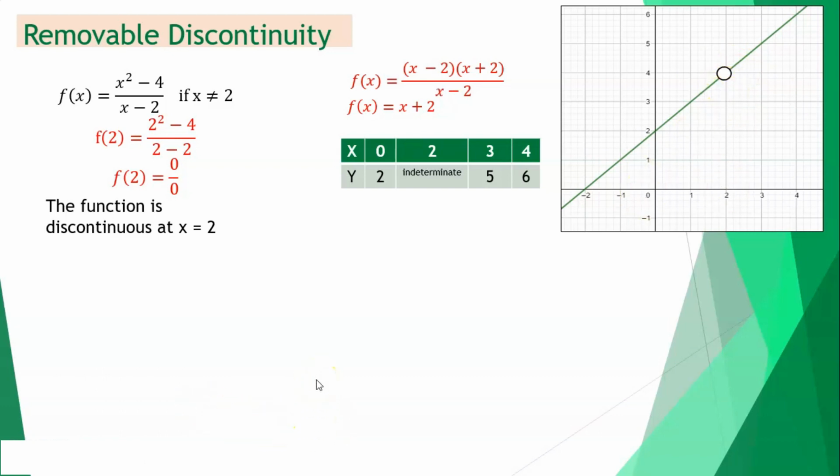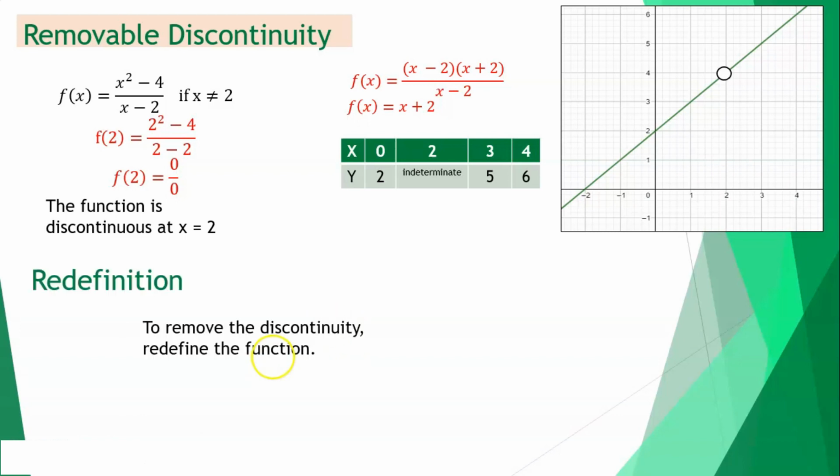Now take note, when you say removable discontinuity, the discontinuity of it can be removed using redefinition. So again, to remove the discontinuity of removable discontinuity, we need to redefine the function.